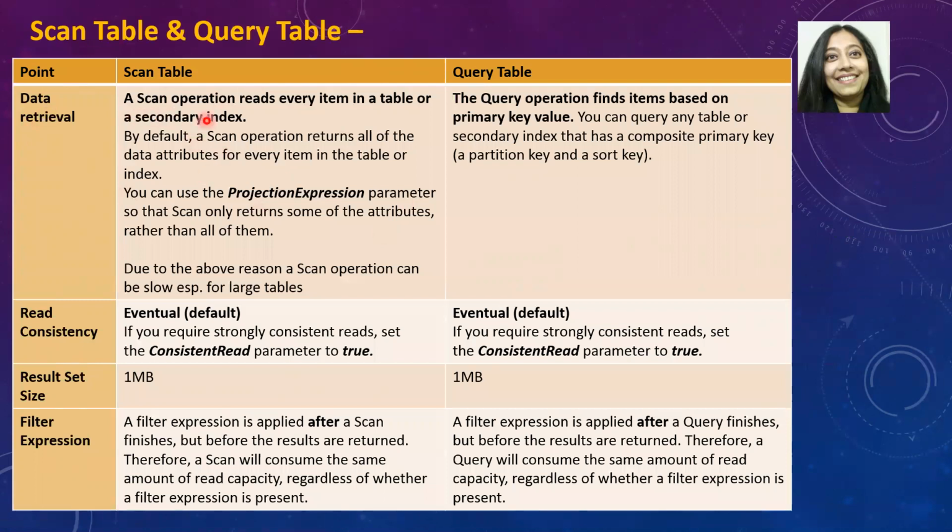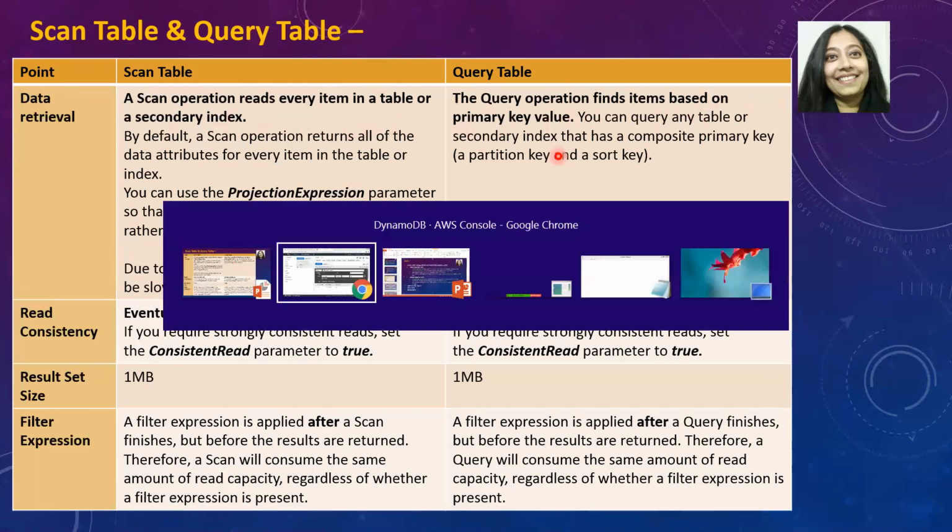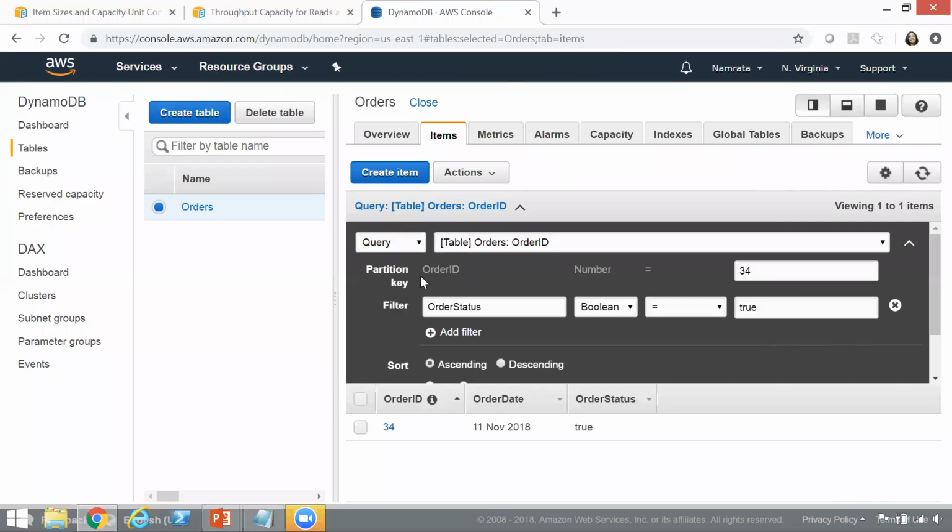So scan operation, as we saw as well, reads every item in a table or a secondary index if you have a secondary index. Versus a query operation finds items based on a primary key value. Hence, if you remember, if I switch back over here for query, we have to provide a primary key value. If you don't provide it, it's not going to go further.